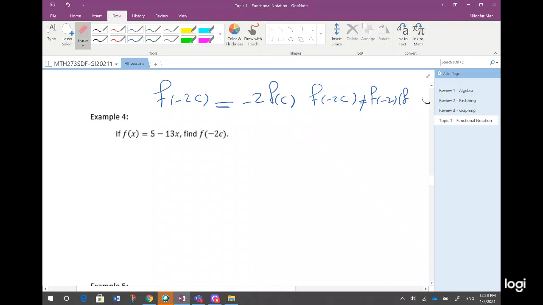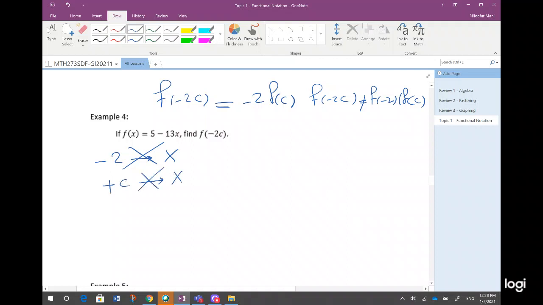You cannot separate. Minus 2c is like a new value. You substitute it for x and then you calculate it. Do you put minus 2 for x? No. Do you put just c for x? No.